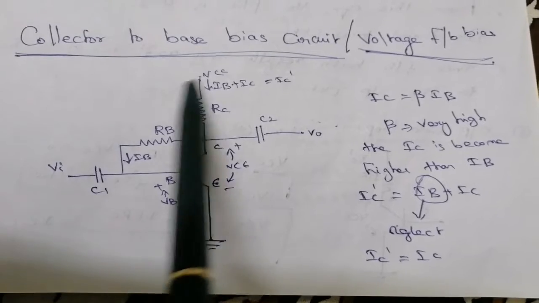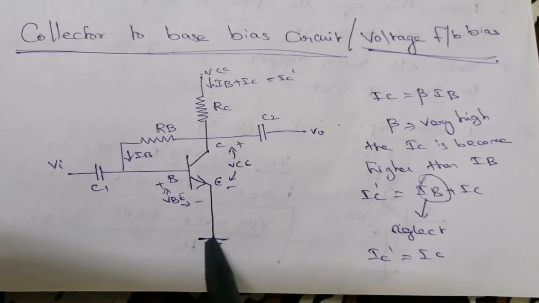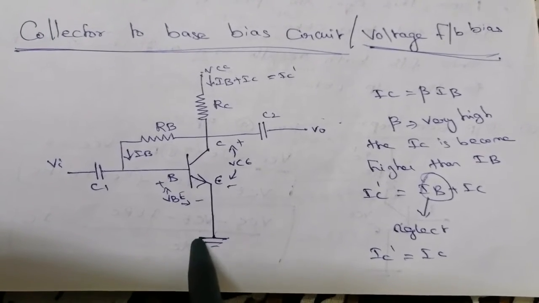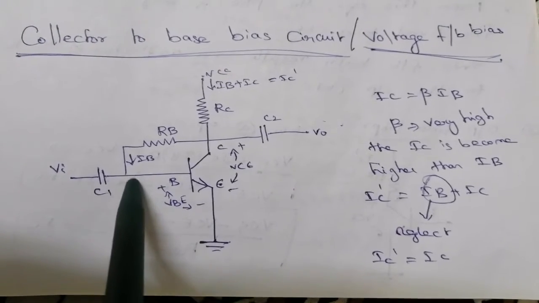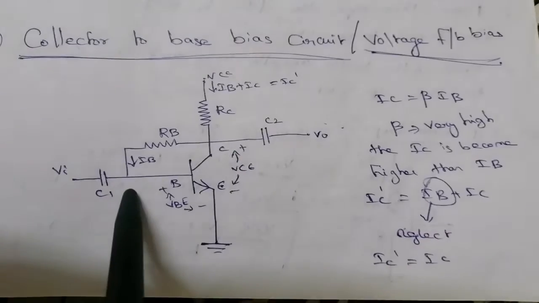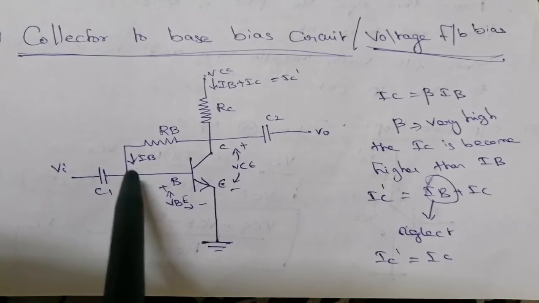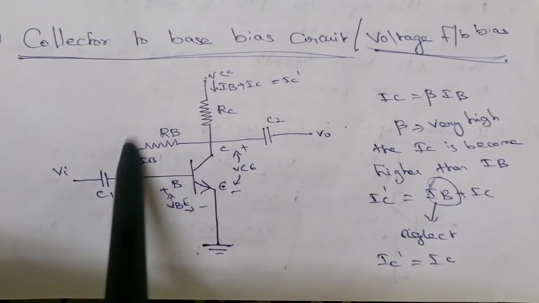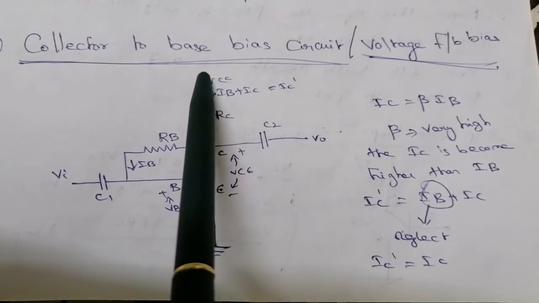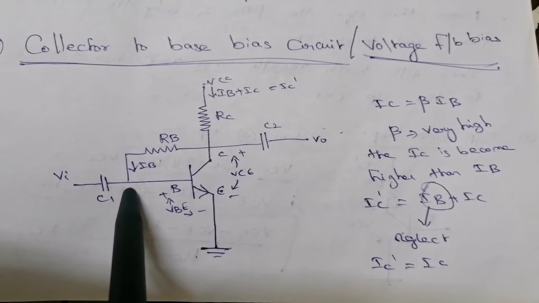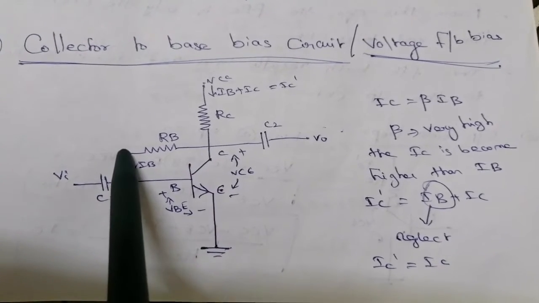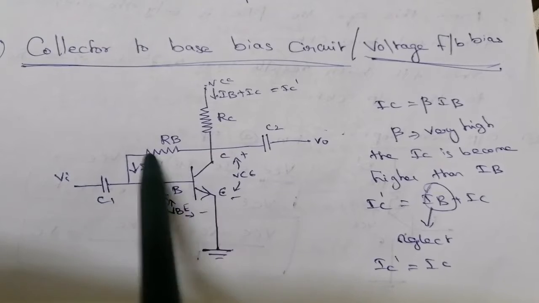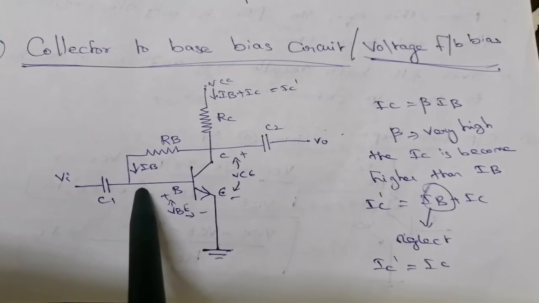This is the circuit diagram of collector to base bias circuit. The same circuit, the only difference is the base resistance is connected to the collector and base terminal, whereas in fixed bias the base resistance is connected to the VCC and base. Here the base resistance is connected to the collector and base, which provides the feedback between the output to the input, right?